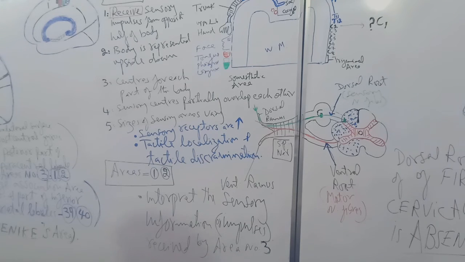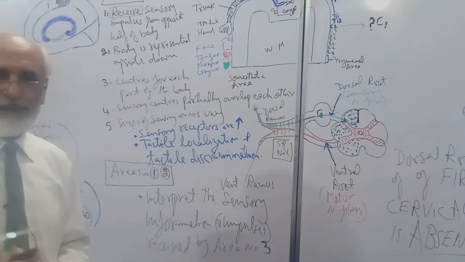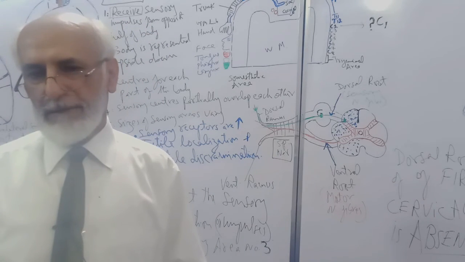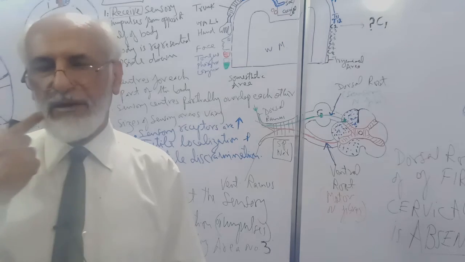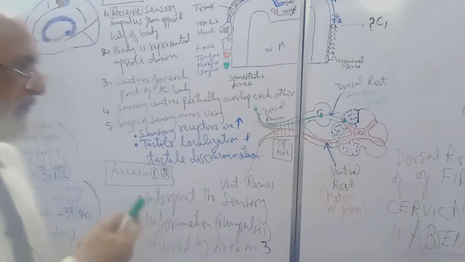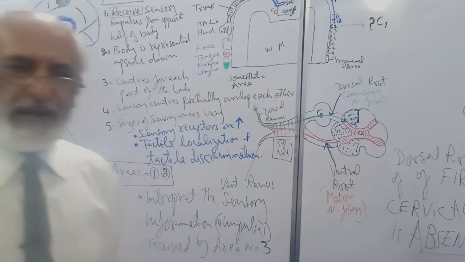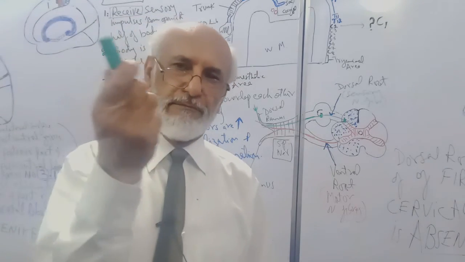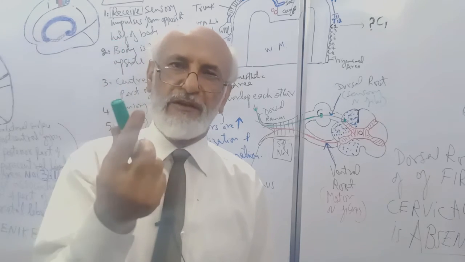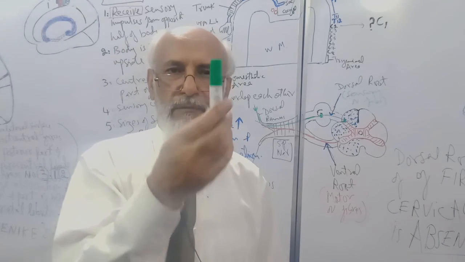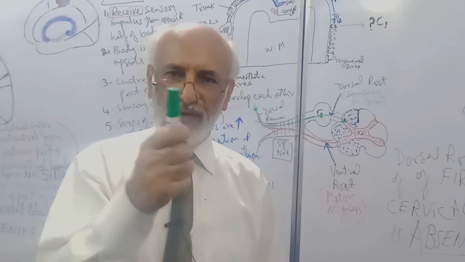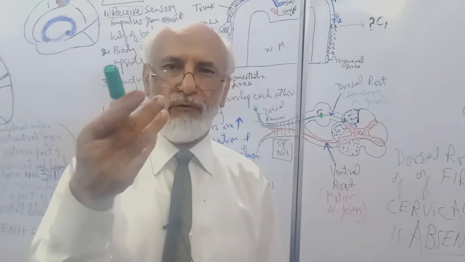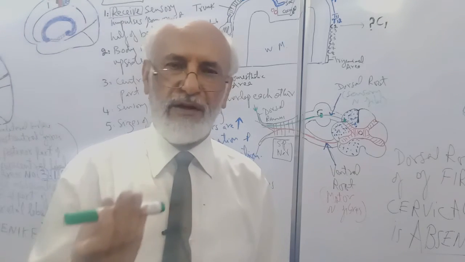Now suppose area number 3 is damaged. The patient will not receive any sensation from the opposite half of the body, depending upon the extent of damage. If area number 3 is intact, but area number 1 and 2 are damaged, the patient can feel the sensation, but he cannot describe whether this object is warm or cold, hard or soft, or what its shape is. If area number 1 and 2 are damaged, he cannot define it in further detail.